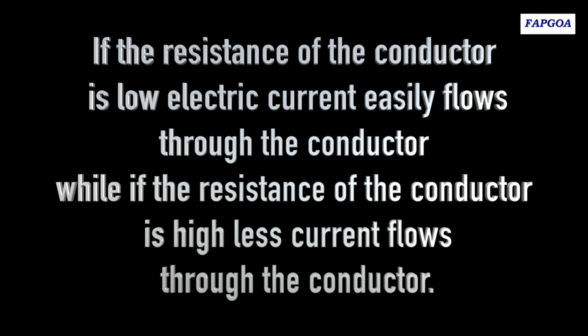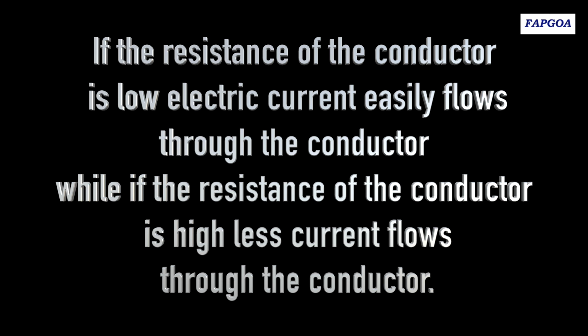Similarly, when electric current flows through a conductor, it experiences resistance. There is opposition to the flow of electric current. Electrical resistance opposes the flow of electric current in an electric circuit.